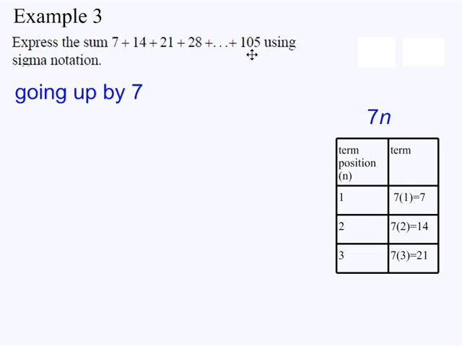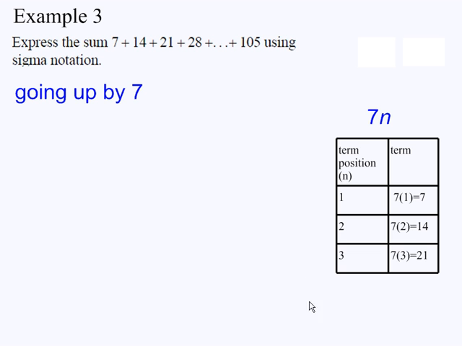At this point, we don't know what the term position of 105 is. So we have to think about it for a little bit. Well, since we know it's going up by 7s, or we know that the formula is 7n, one way to figure out what the term position of 105 is to just divide it by 7. 105 divided by 7 is 15.